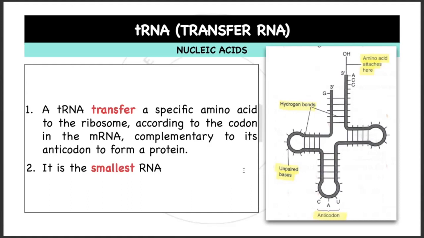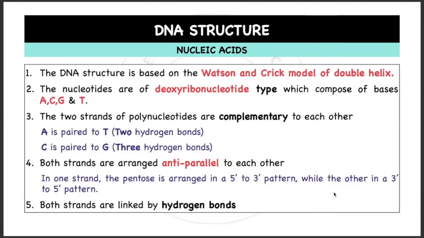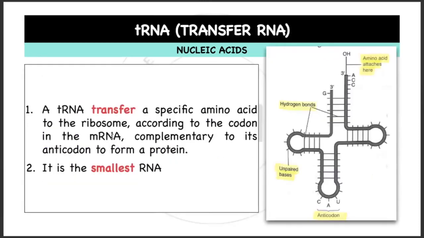So complementary meaning here, you see this part here, this is the anticodon. So remember which bases combine to which, as I mentioned earlier in DNA. Let's go back. Okay, so here A is paired to T, C is paired to G. If we come over here, so you have CAU.